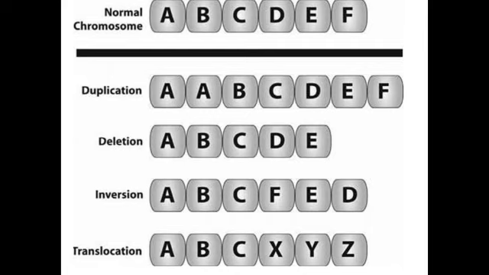So this is called inversion. In translocation, in the picture, one can see an extra segment called XYZ. So this shows there are some segments which are transferred from some other part to the normal chromosome. So this is a type of chromosomal aberration.